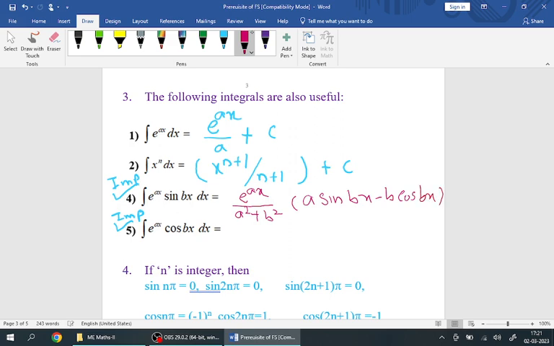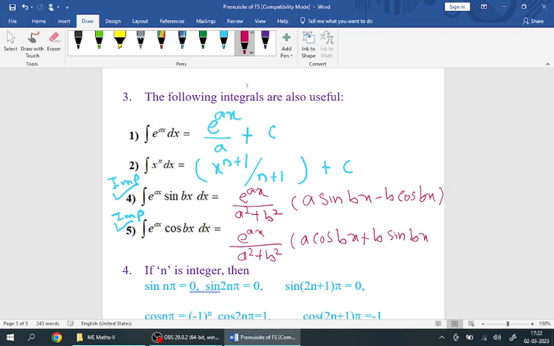This is the formula you should remember. And similarly, integration of e raised to ax cos bx is e raised to ax upon a square plus b square, times a cos bx plus b sin bx.